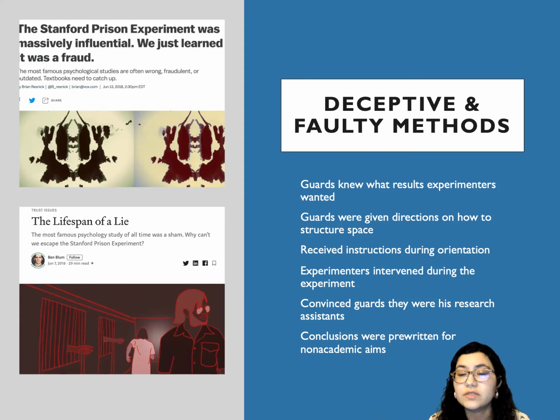So this is why it's really important, like I said in the first lecture, that your observations and your analysis are completely separate from your research design and your hypothesis. Those have to be done at two separate instances. They cannot be done at the same time.